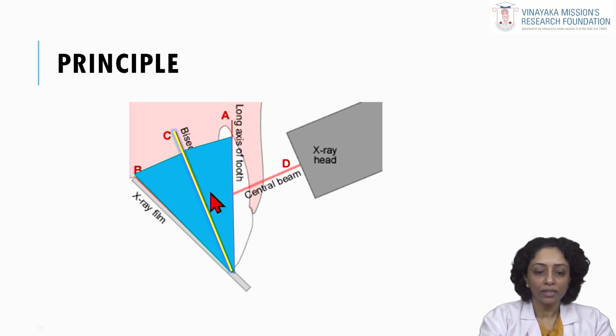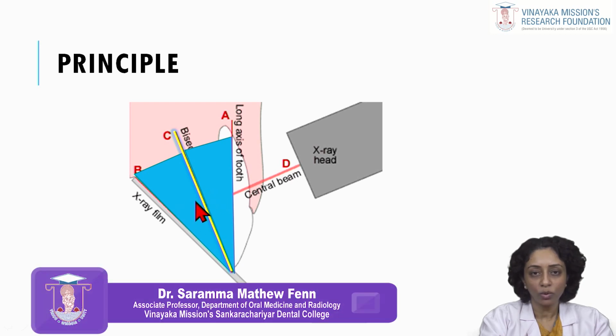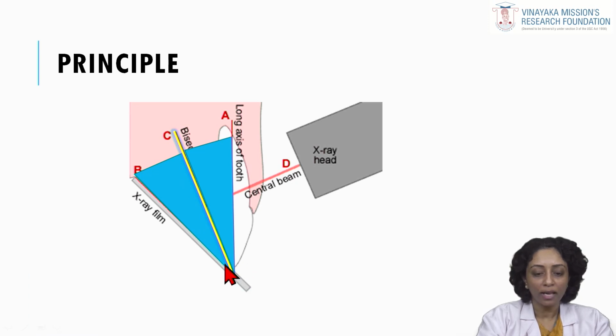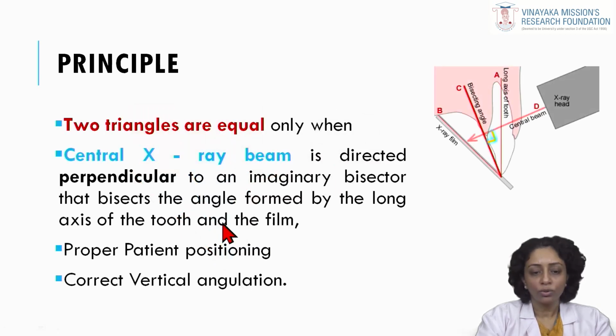If these two triangles are equal in both sides, and the hypotenuse divides and forms congruent angles, then we call that a bisecting angle technique. Again, the two triangles are equal only when the central beam is directed perpendicular to an imaginary bisector that bisects the angle formed by the long axis of the tooth and the film.